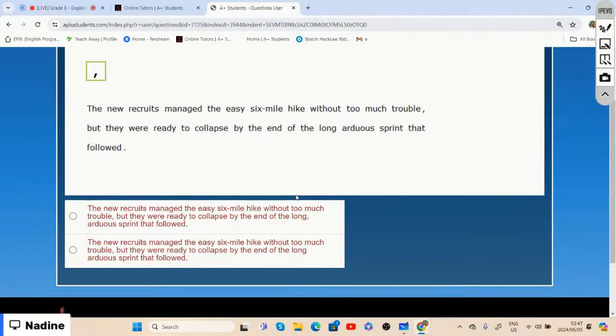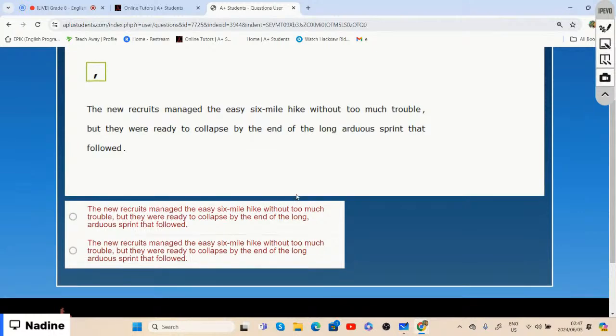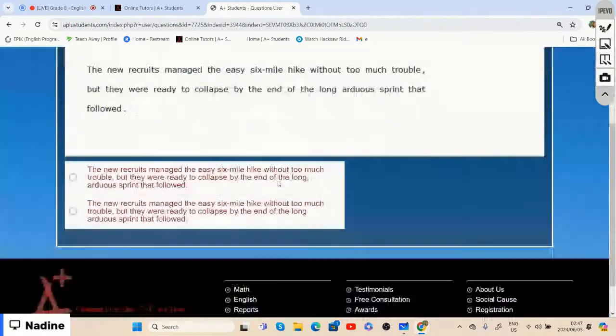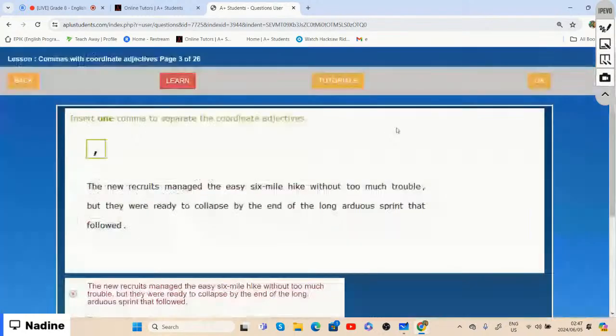All right, and if we were to choose one comma to separate the coordinate adjective, right? Then we're going to choose option one because here by long arduous sprint that followed, which means that long comma arduous sprint that followed.